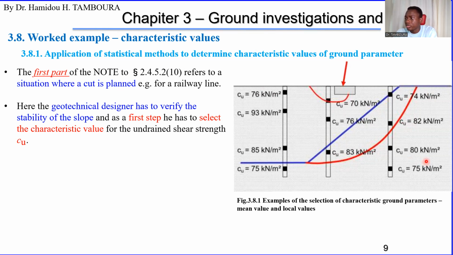So as a geotechnical engineer, you have to select a characteristic value. You have to determine the characteristic value from these 11 lab tests. Okay.